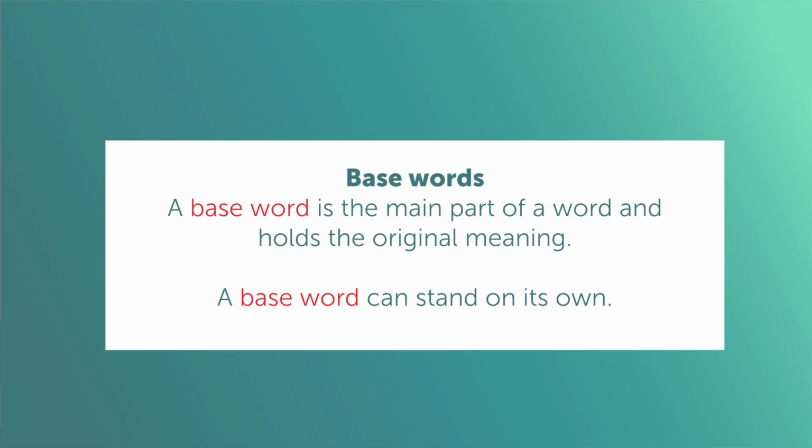Together, a morpheme is the smallest unit of meaning within a word. We have a new one today. Our new one that we're adding in is a base word. A base word is the main part of a word and it holds the original meaning. A base word can stand on its own.